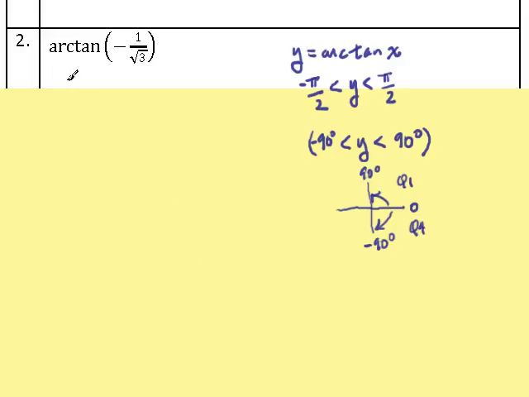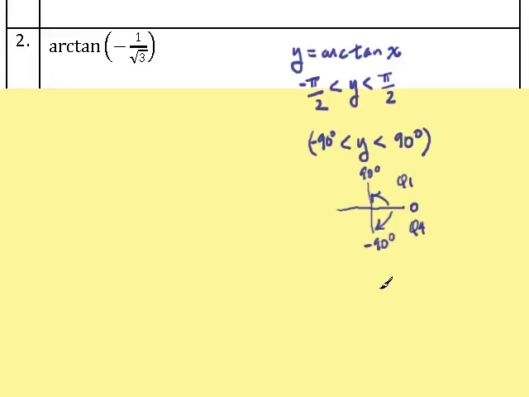We're looking for the angle whose tangent is minus 1 over square root 3, so that must be quadrant 4, because in quadrant 1 all tangent values are positive. It must be a negative angle in quadrant 4, and remember that the tangent of 30 degrees is 1 over square root 3.